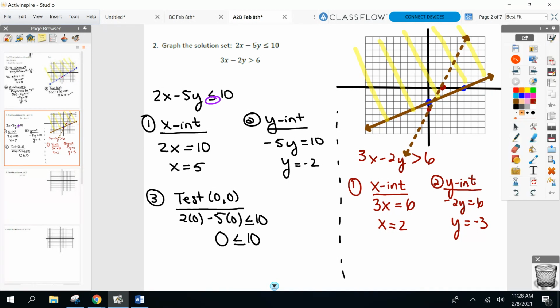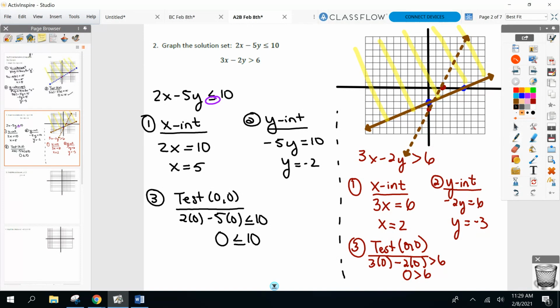And then let's see where we're going to shade this bad boy now. Does the line go through 0, 0? Nope. So we can test it. So we're going to do 3 times 0 minus 2 times 0. Is that greater than 6? Is 0 greater than 6?